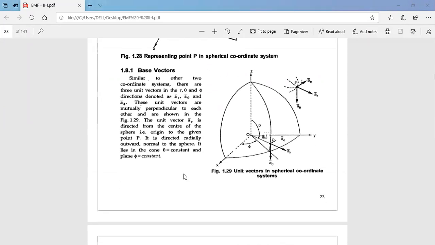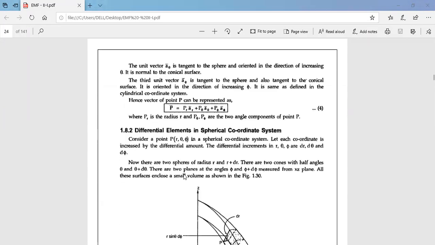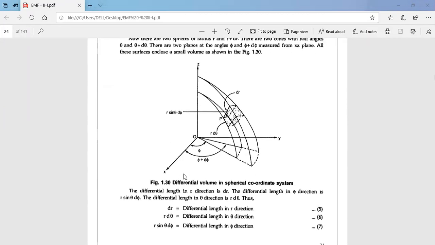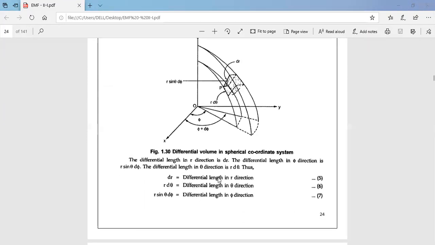So your differential length along here, or on the plane, is changing. And that is r sine theta d phi.